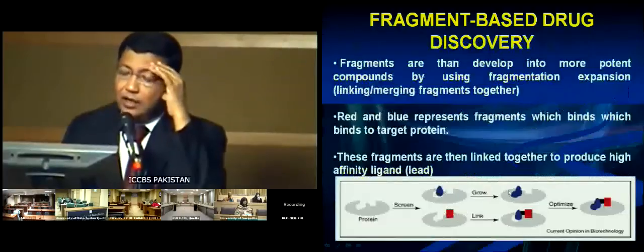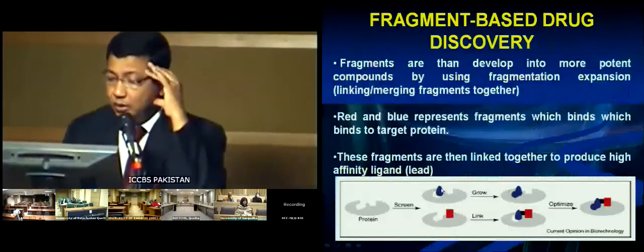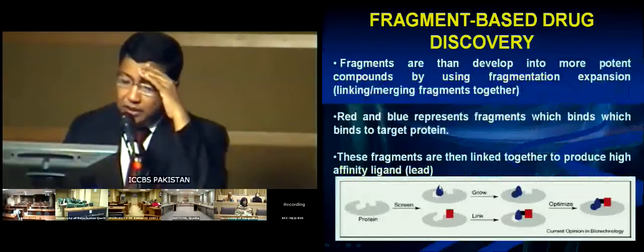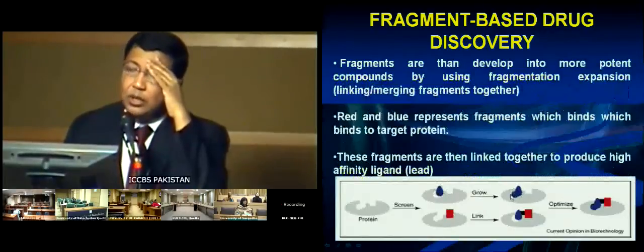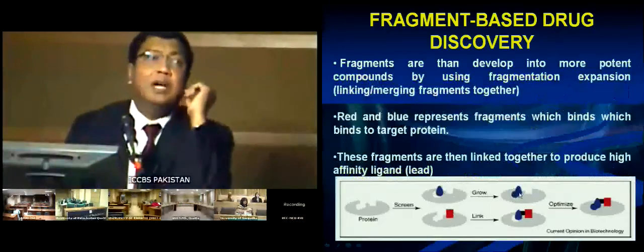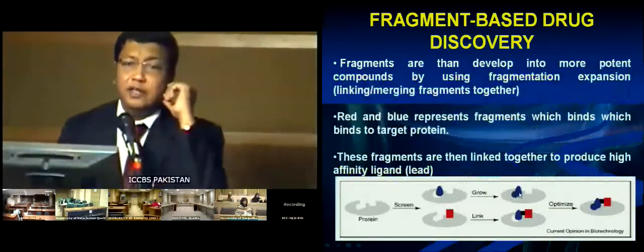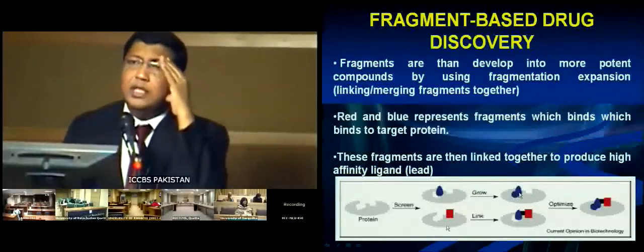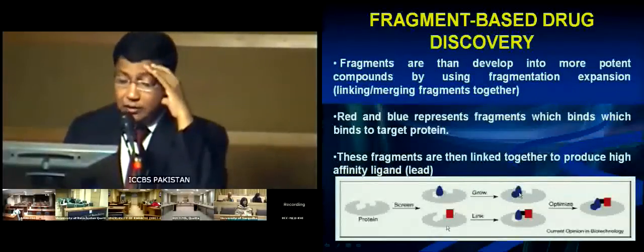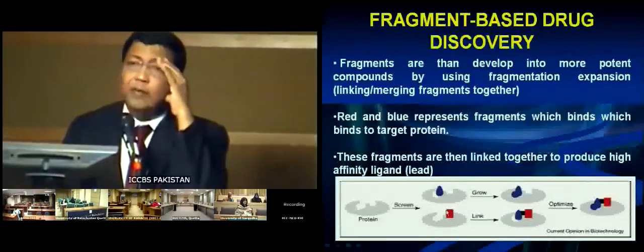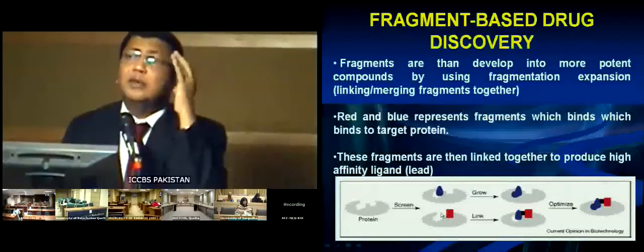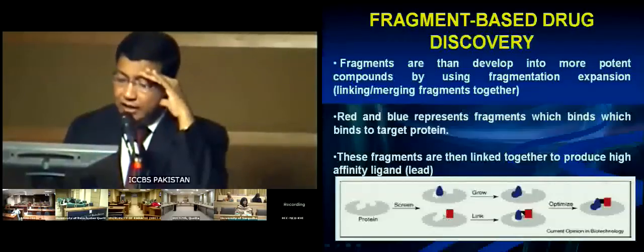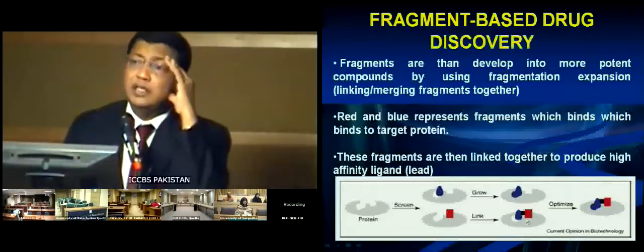And you discover that this particular fragment has affinity to a part of the binding site, the active site of the enzyme. And you also, by using another experiment or the same experiment, discover that this red fragment, which is something different, has affinity with the binding site also.